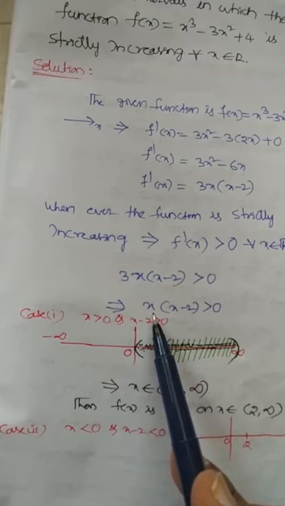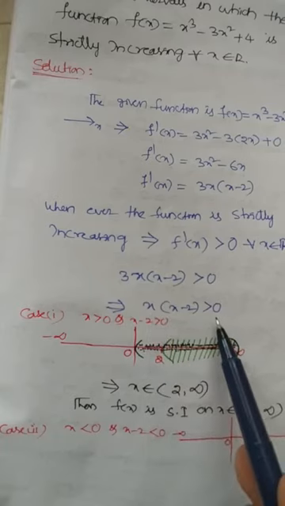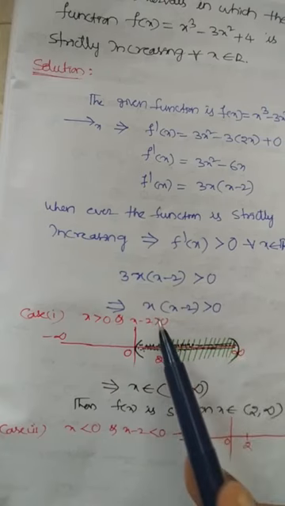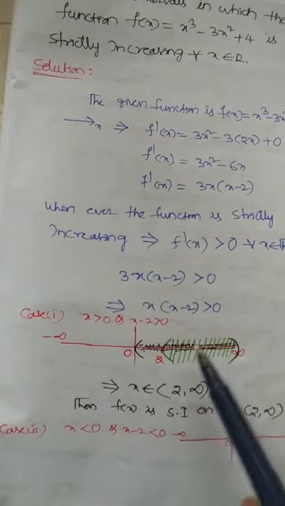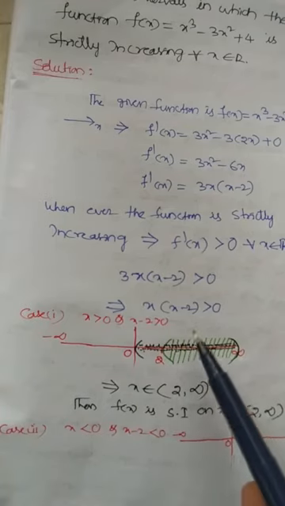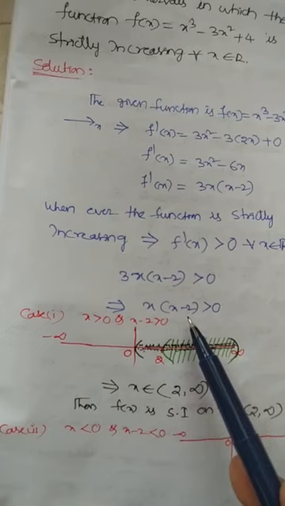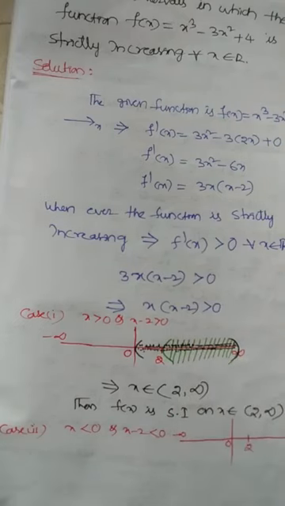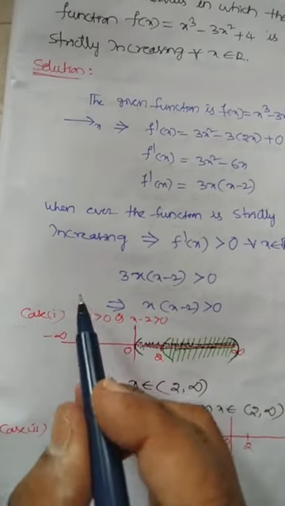The product of two negative values is greater than 0. So x is negative, less than 0, and x minus 2 is also negative, less than 0. In this case also, f dash of x must be greater than 0. This is our f dash of x.